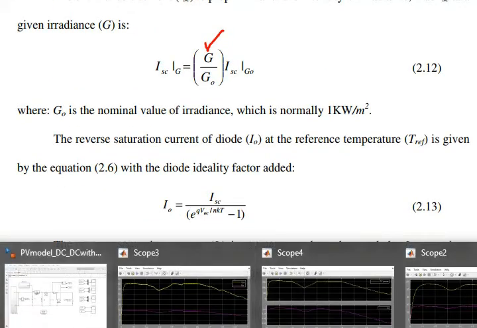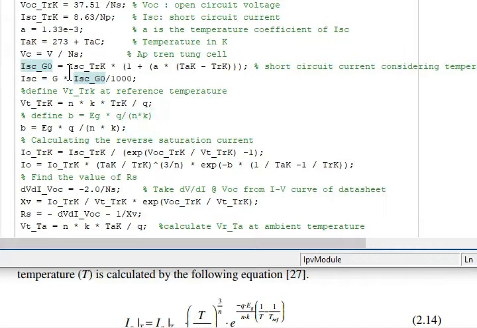So we have calculated this here at any temperature.